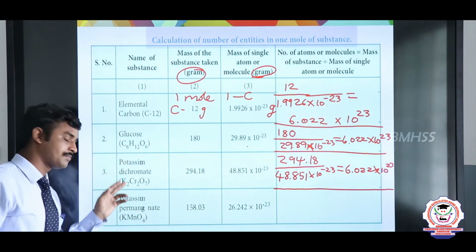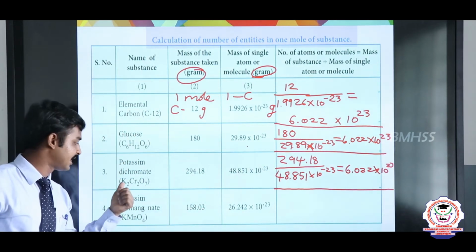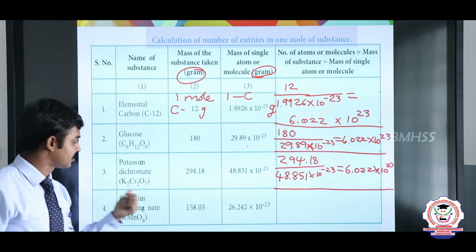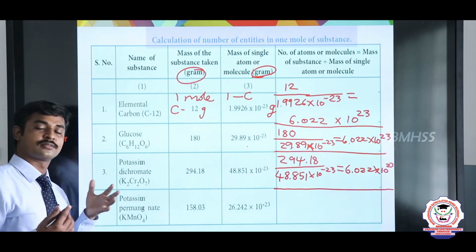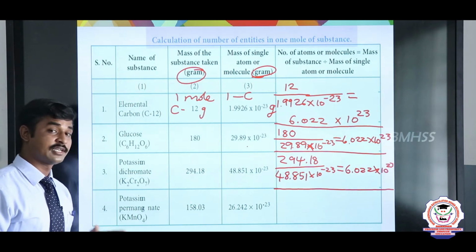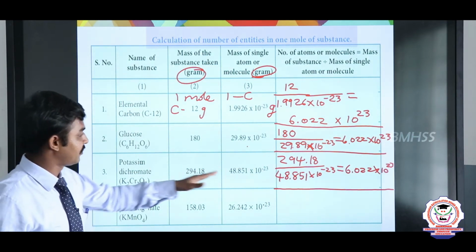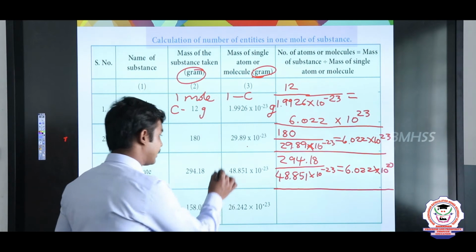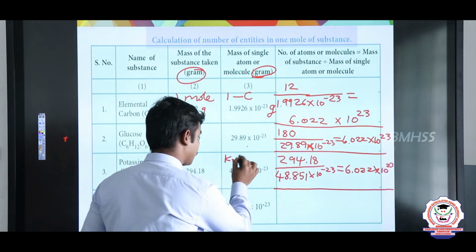And the third one, potassium dichromate, also has a molecular formula, K2Cr2O7. So, it is a complex of elements. So, now we do not find a single element's mass. We have the mass of a single K2Cr2O7.